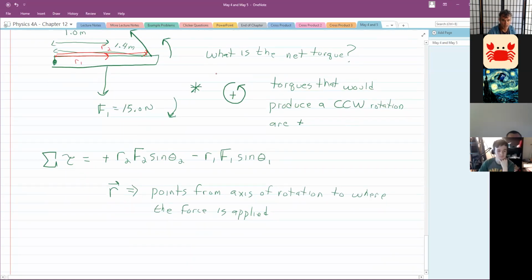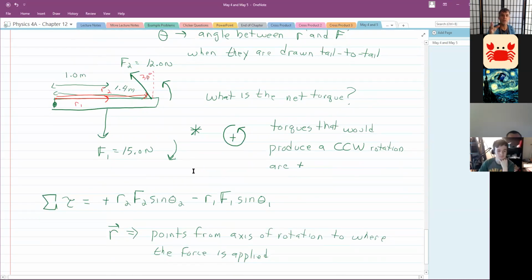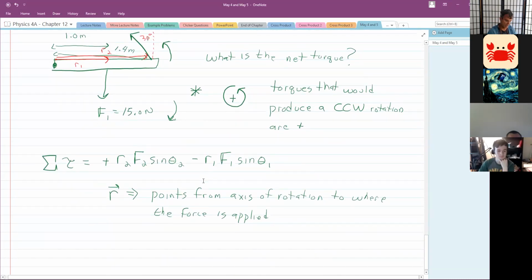So I guess I never told you what angle this F2 is at. So let's just say this angle here was 30 degrees. So the angles I would use for calculating the torque is I draw the two vectors together, R and F. Theta is the angle between the two. So for F1, my R vector points to the right.